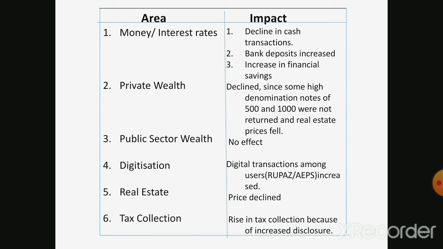Third is public sector wealth. There was no effect in this area. Fourth is digitization. Here digital transactions among users increased. Next is the real estate area, where prices declined. And the last area is tax collection, with a rise in tax collection because of increased disclosure.